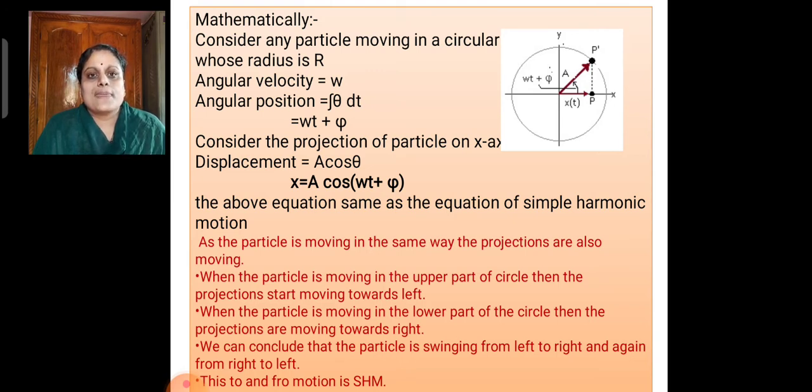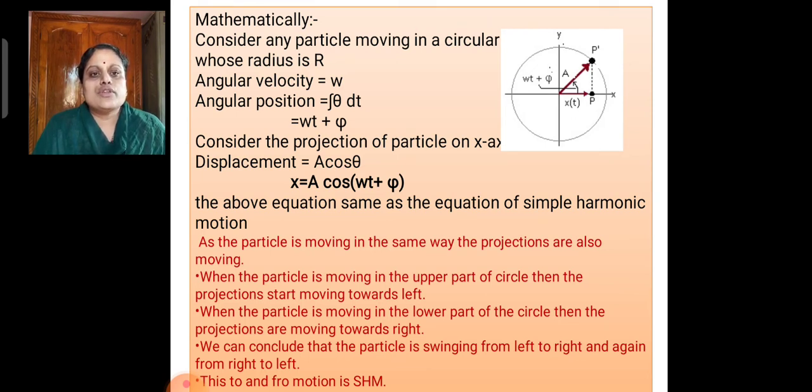Or when the particle is moving in the lower part of the circle, then the projection will be moving towards the right. That is, as a whole, we can say when the particle, that is the point P dash, is moving along the circumference of a circle, the point P, which is its projection along the x-axis, will be moving left and right about the equilibrium position O, which is the center of the circle.